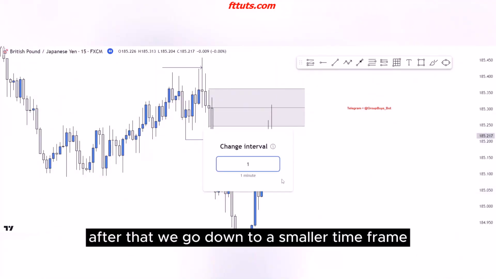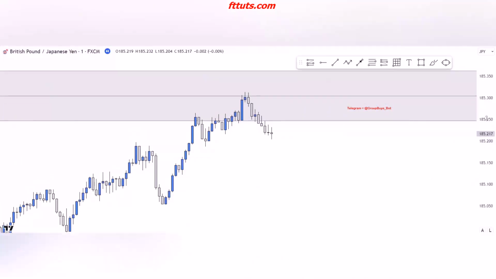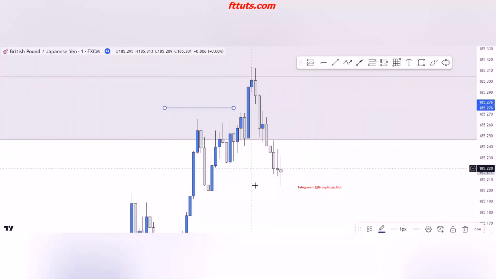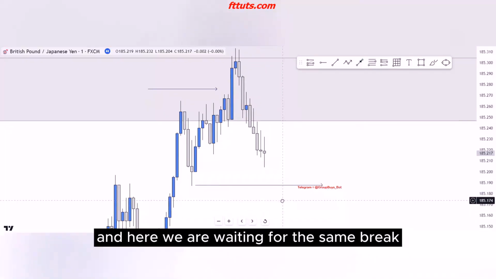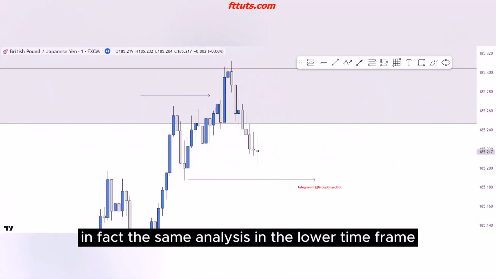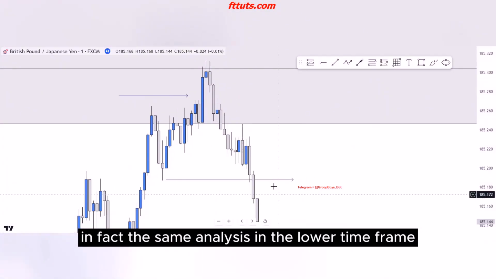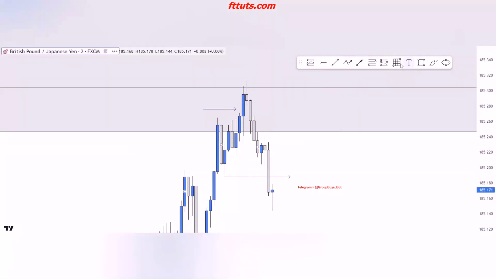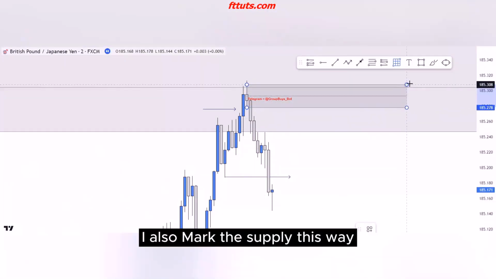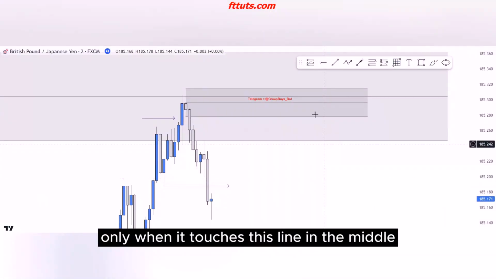After that, we go down to a smaller time frame. And here we are waiting for the same break, in fact the same analysis in the lower time frame. I also mark the supply this way and wait to enter the trade only when it touches this line in the middle.